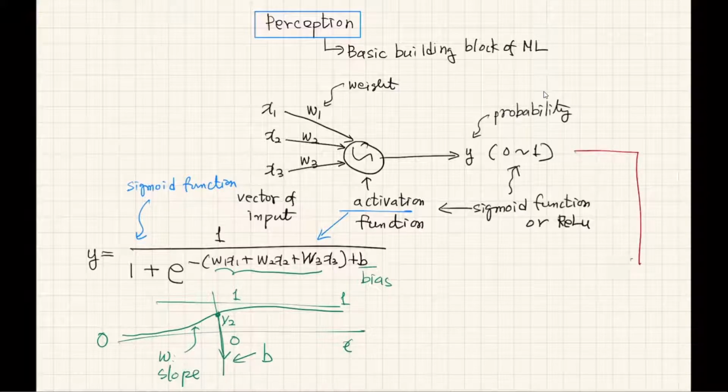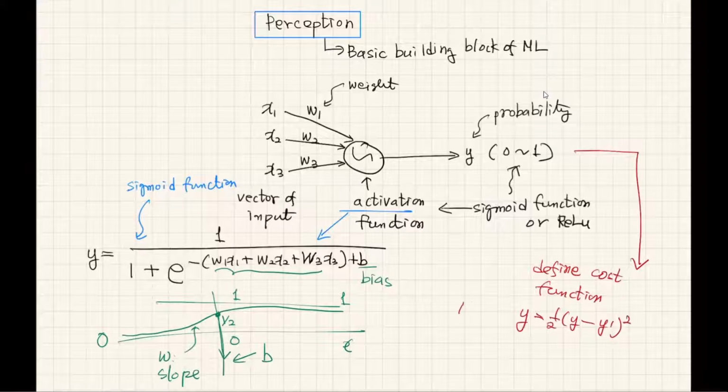Using this output, we define cost function. There are many different types of cost function, but at this moment, I will use mean square error function. So let's assume that you have a forward propagation with the input x1, x2, and x3. You will obtain the output of this activation function. And the output of activation function will be y, and this y dash is the target value.